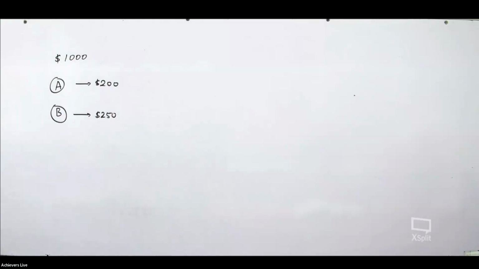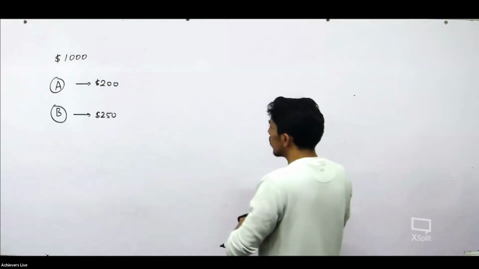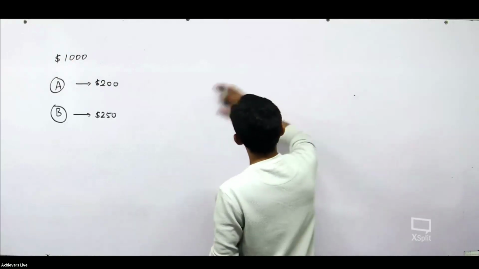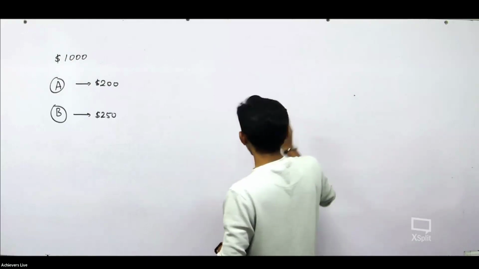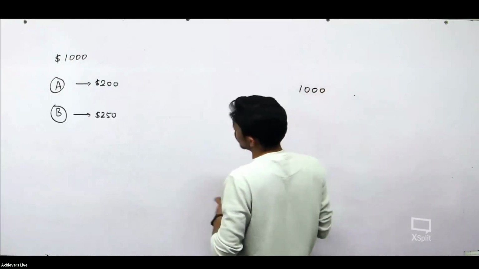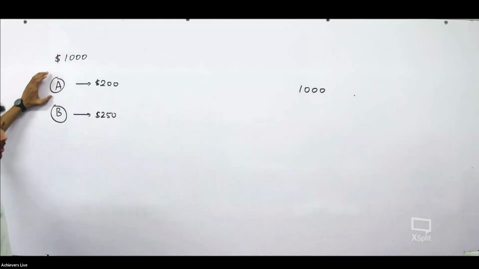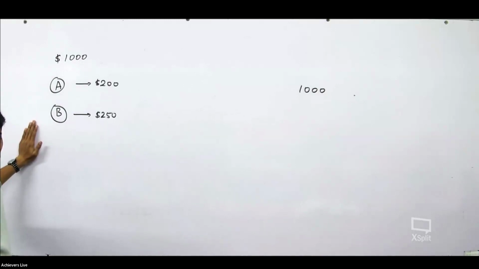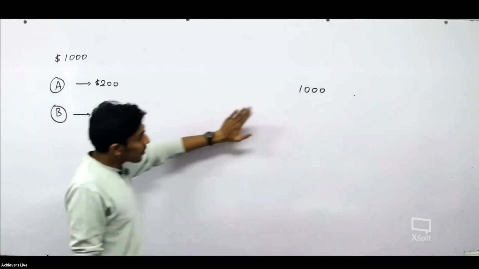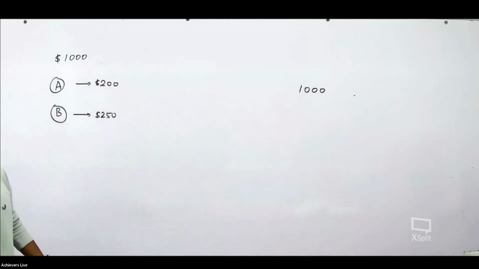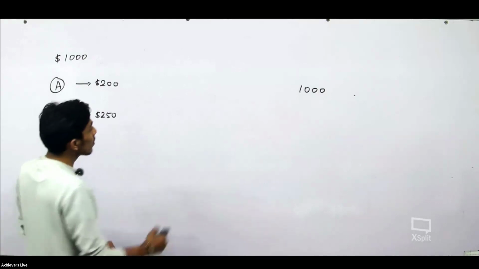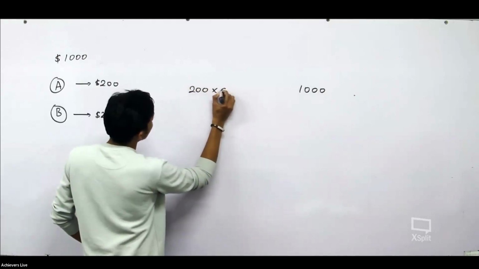Now you have only 1,000. So using this 1,000, you can end up with purchasing only A, if not only B, if not you can go for a mix. Got it? If you are purchasing only A, how many units you will purchase? 5 units. How did you find that? 1,000 divided by 200, which means 200 into 5 will be equal to 1,000.